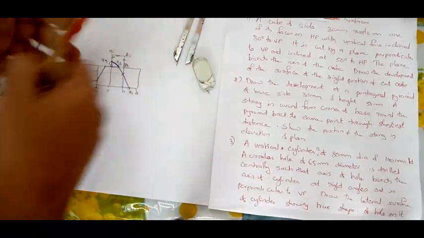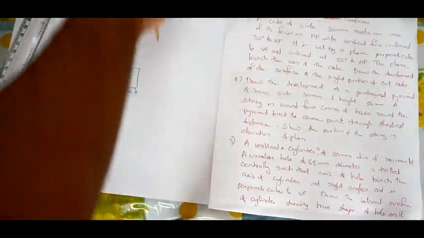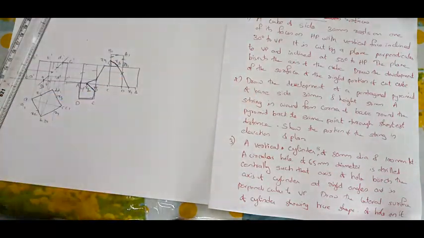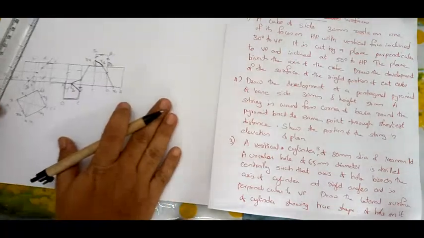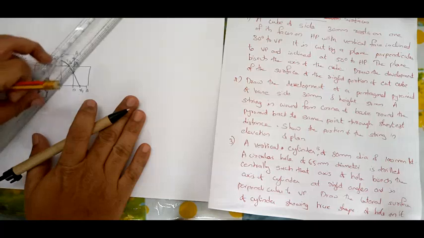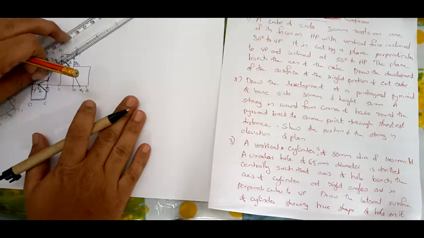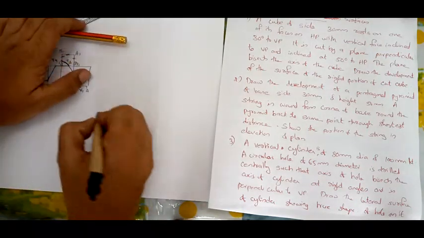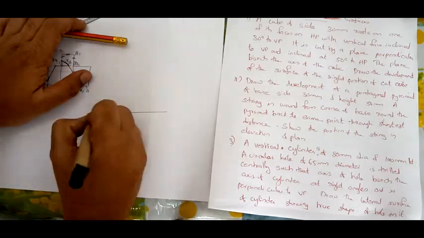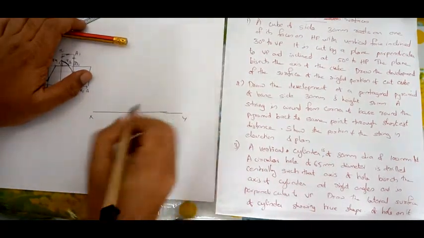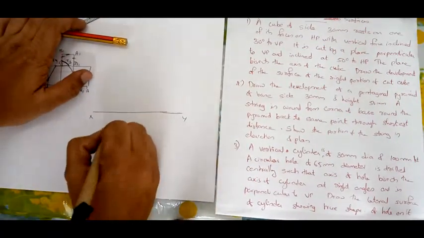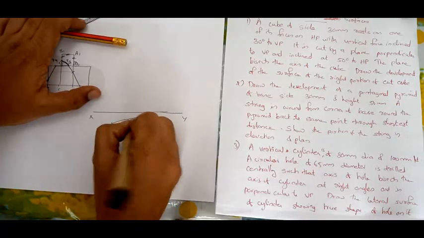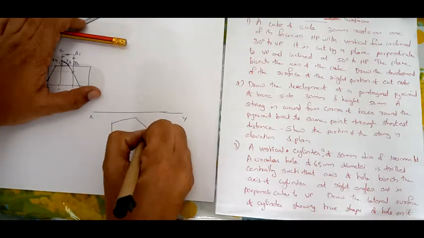Now we will move to the second question. Draw the development of a pentagonal pyramid of base side 30 mm, height 50 mm. So first we can draw a pentagonal pyramid. X, Y, pentagon. So I will be completing a pentagon like this.